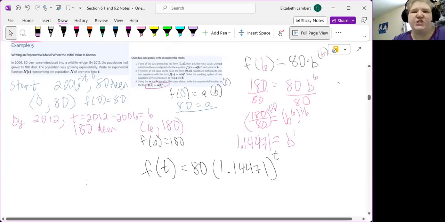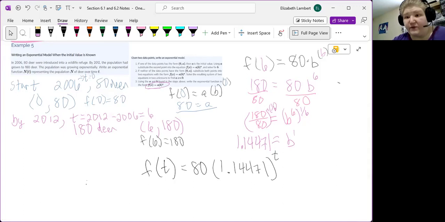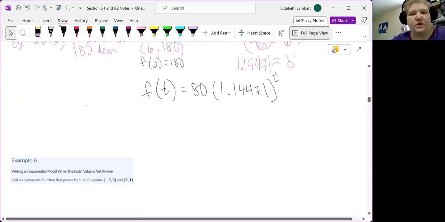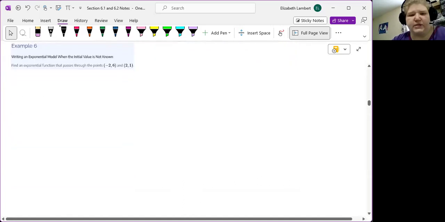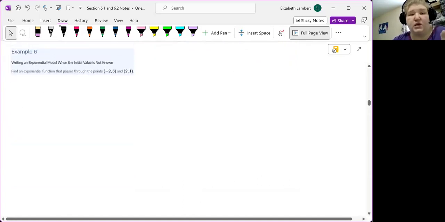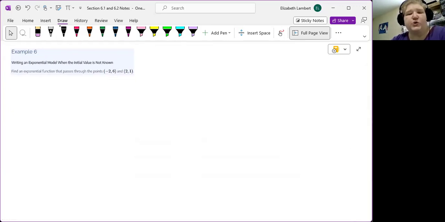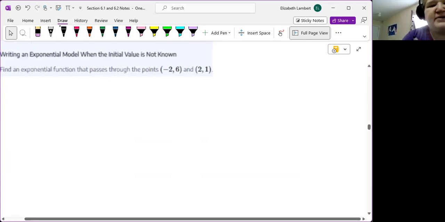Now, this is the kind of question I've seen sometimes in chemistry where they give you a half-life question. But first, we have 2 points that we know are on this exponential function, but neither point is the initial value. So we're going to have to use our base function, put both of those points in there, and do a lot of math to get A and B. All right, so let's dig in.